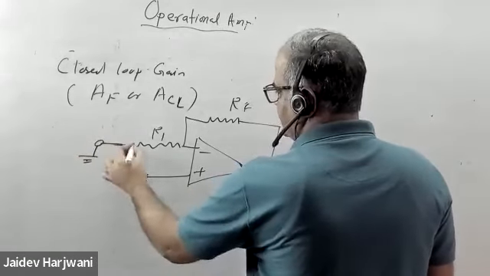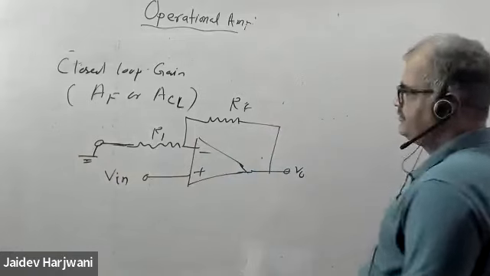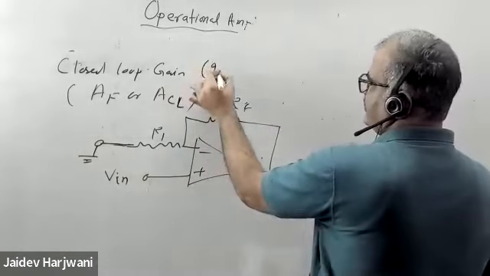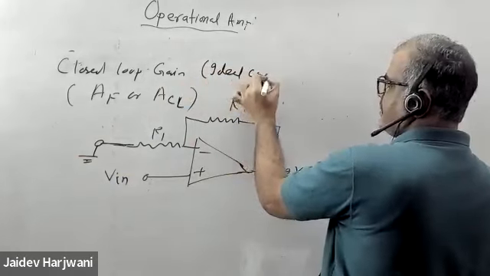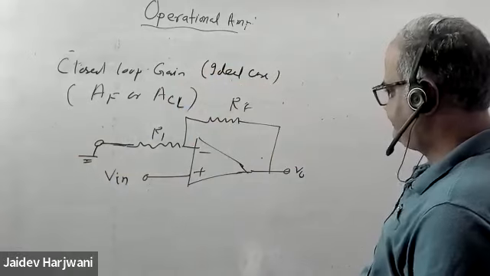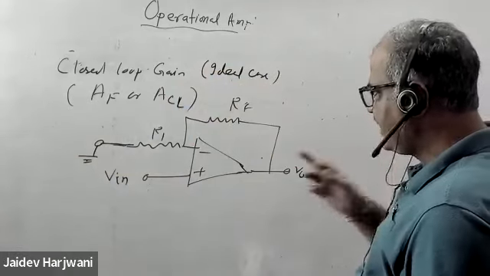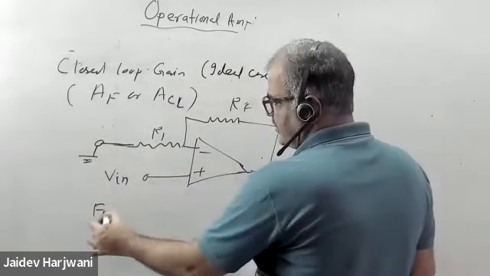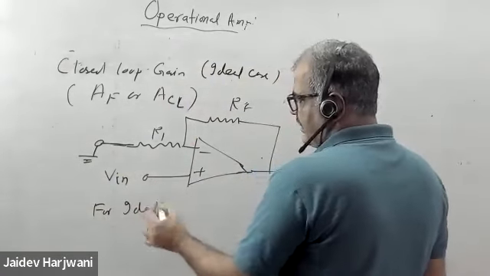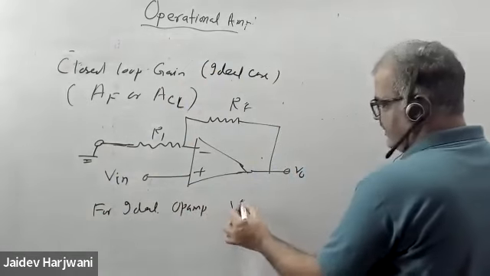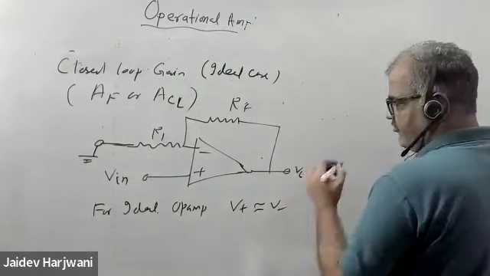So when this terminal is grounded, now I will calculate the gain for the ideal case. For an ideal op-amp, my V plus should be equal to V minus.